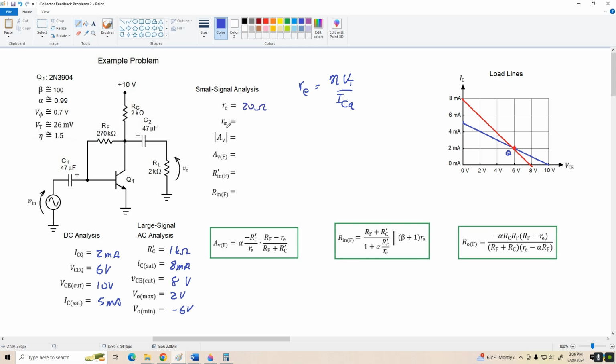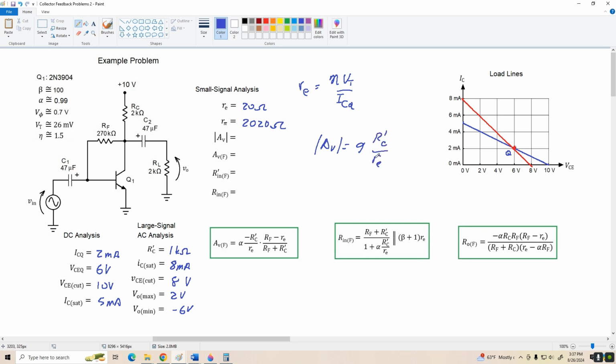R sub pi is, remember, beta plus 1 times little re. So 101 times 20 is 2020 ohms. And we'd probably round that to 2000, but let's stay accurate here and call it 2020. All right, now finally, our voltage gain magnitude open loop is equal to alpha times R prime C over little re.